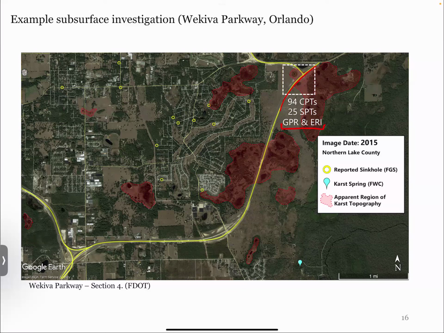So a lot of money is spent and concentrated in this area, where maybe this section here, which has a different topography, might not have as frequent testing because they are more confident of this subsurface condition than that subsurface condition. You can see that's only 4 miles apart on the road. So we're talking about very site-specific, localized conditions.